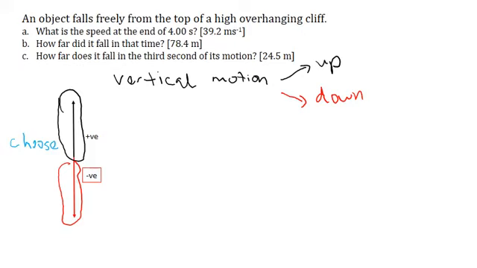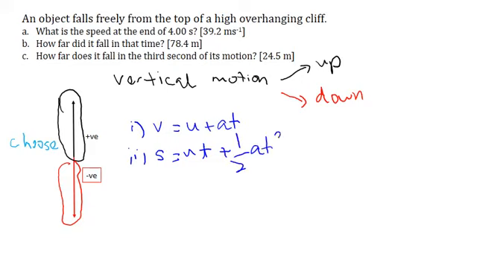Now, one other issue that students usually have when encountering this kind of question is you do not know which equation you have to use. Now, the equations of interest will be 1, v equals u plus at, 2, s equals ut plus half at squared, and number 3, v squared equals u squared plus 2as.